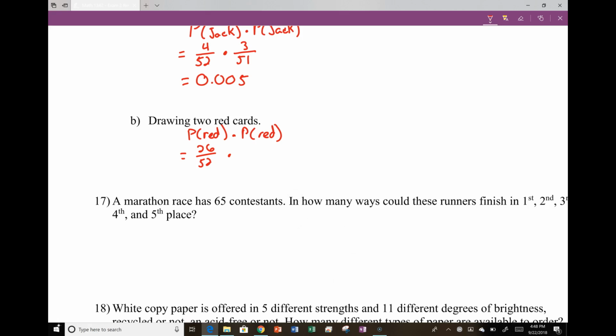So that leaves me with 25 red cards out of 51 total cards left. I'm going to do this multiplication and division, and we get 0.245. So the probability of drawing 2 red cards without replacement is going to be 0.245.